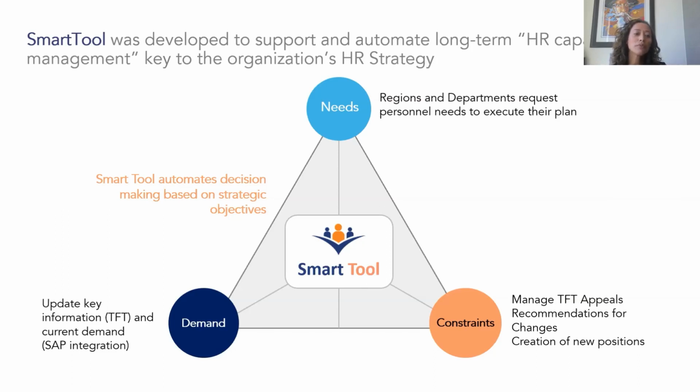Additionally, we can also update all the information and the demand, which is responsible for calculating and providing visibility on what those needs are for each department and tool. So in essence, Smart Tool provides those three things, and together gives the tool to make decisions from an HR perspective. So I don't know, Rene, if you want to complement or add anything, but.